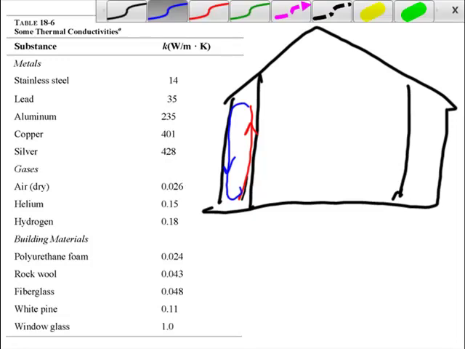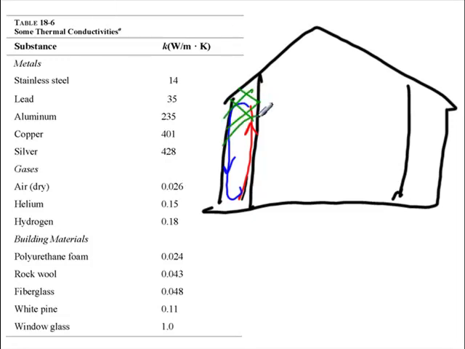But what they do is they set up a bunch of little pockets of air, so that rather than having a great big convection cycle, at most we get little tiny convection cycles which are not very efficient. As a result, air is no longer able to transport energy by convection, it can only transport it by conduction, and as you can see, air is a lousy conductor.